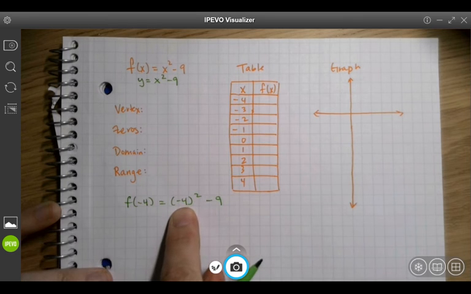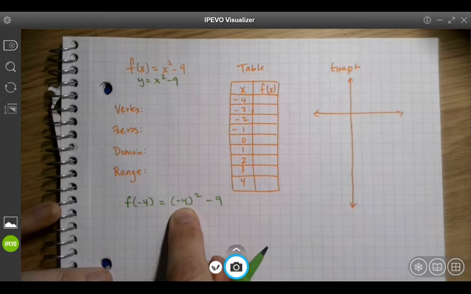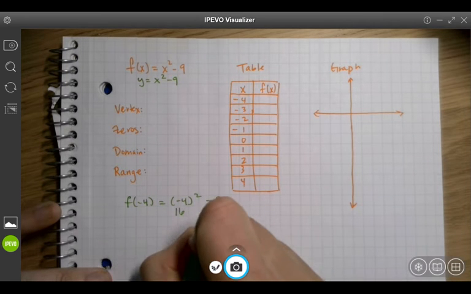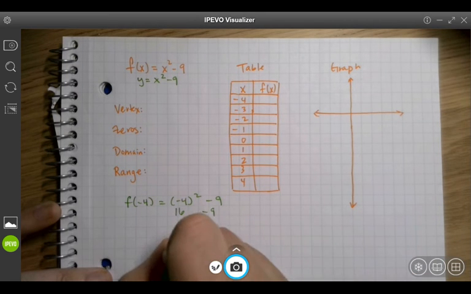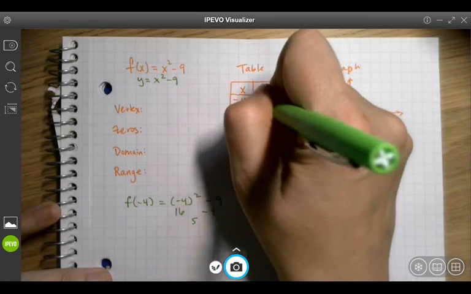Now I put that -4 in parentheses because the value of x is -4, so it's the -4 that I'm squaring. I'm doing -4 multiplied by itself. Putting parentheses around it reminds me that I need to do -4 times -4. Negative times a negative is a positive. So it'll be 16 minus 9, and 16 minus 9 is 5. So f of -4 is 5.